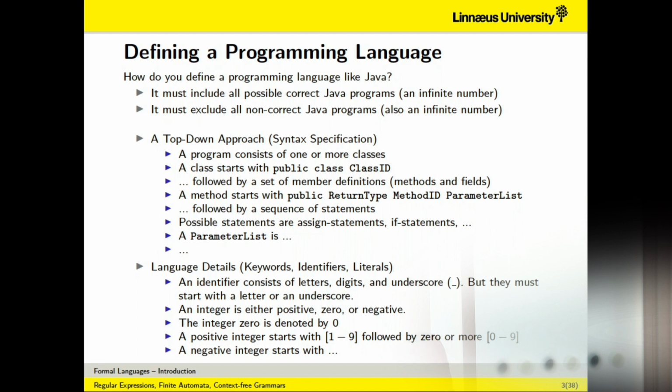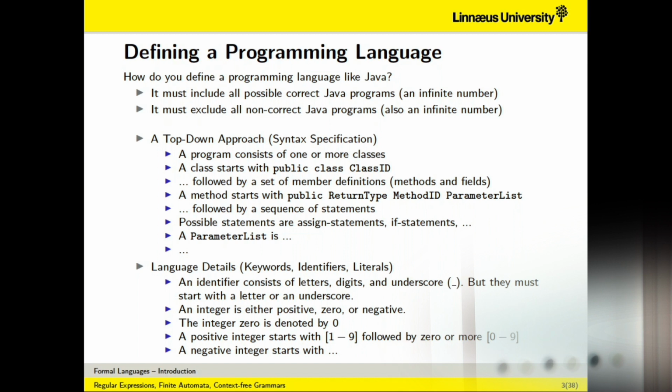Once you are done with the class, you can go one step down, because in the class we have methods and fields, attribute declarations. Then you define the methods, and in the methods you have different statements. So you need to define the statements, like assignment statements, iterative statements, control statements, okay?